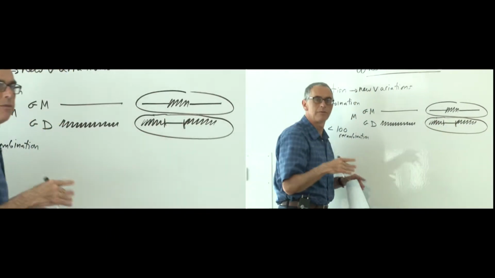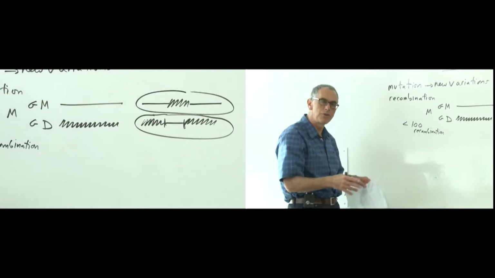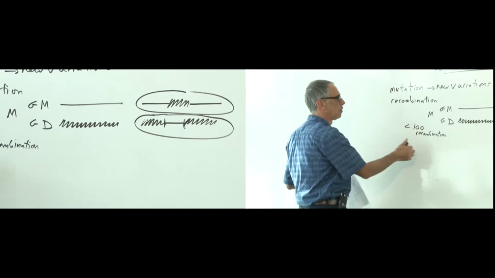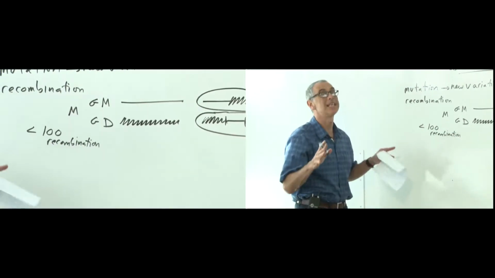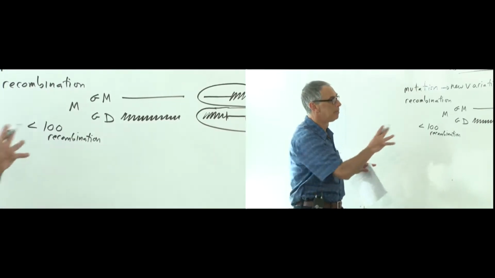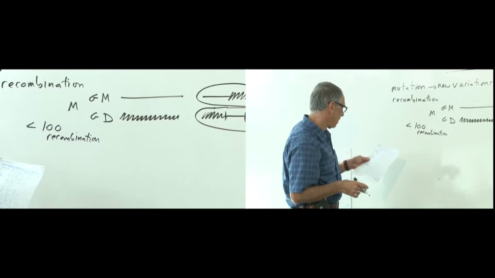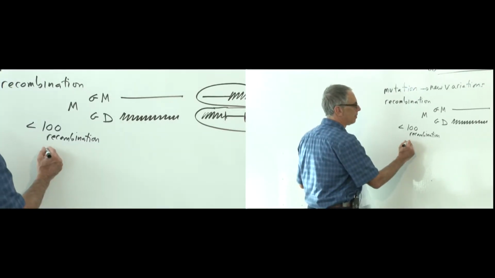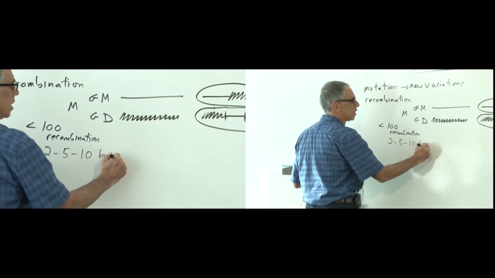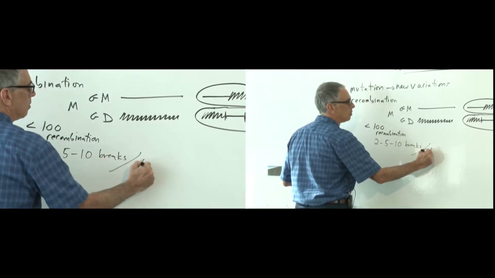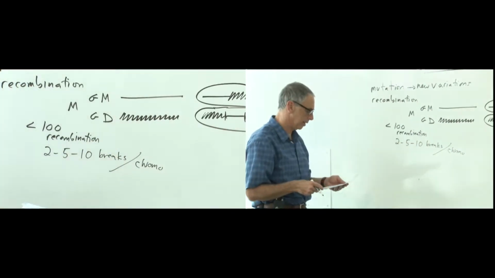And in fact, for chromosomes in practice, it's about 2 to 5 recombinations per chromosome and a total of about 100 recombinations. So it's not millions of recombinations per generation, but there is some mixing. And that'll add up to 2 to 5 or maybe 10 breaks per chromosome, where a break is where it goes from a straight line to a squiggly line in my little example.